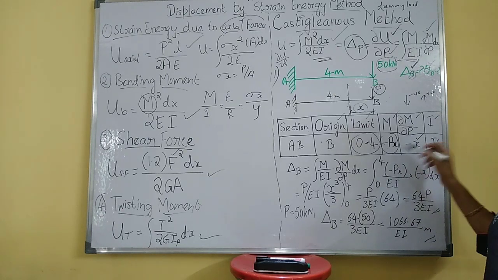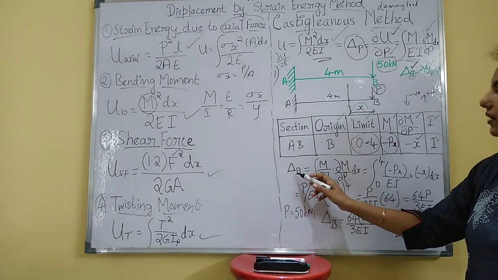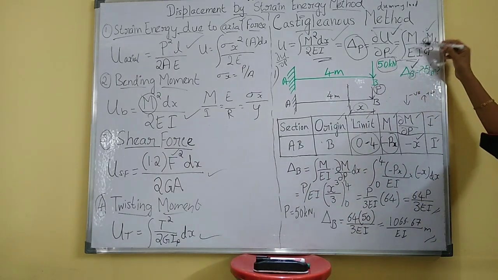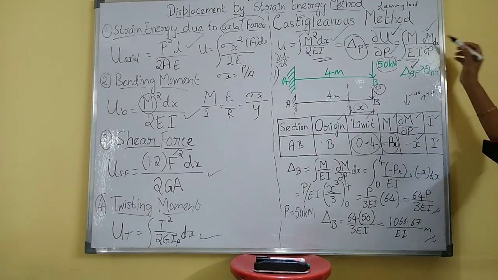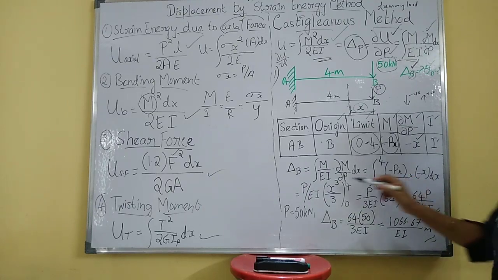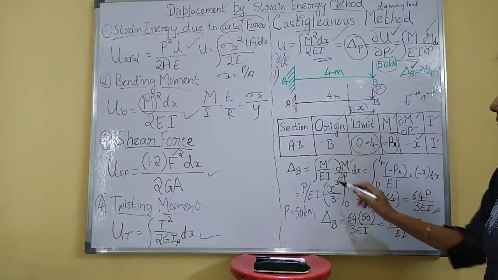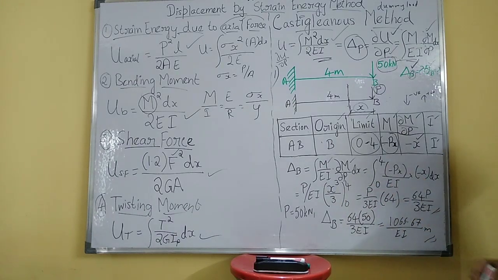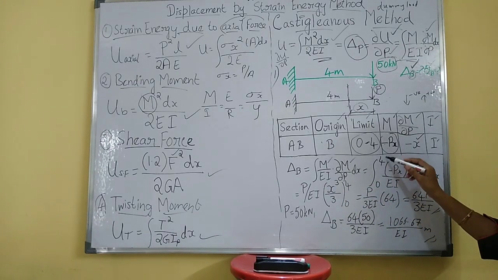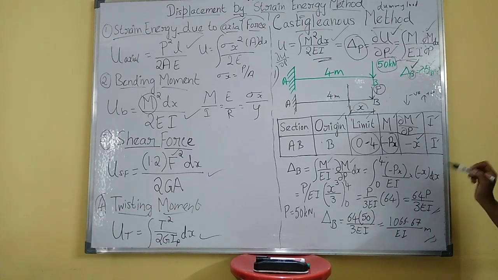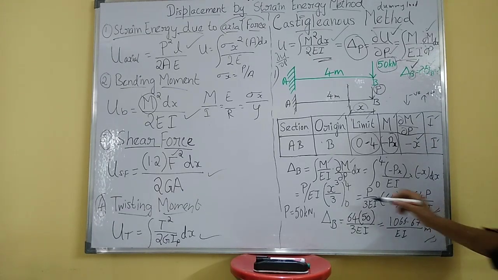Once you have found this for each member, you can directly write the equation. Delta B is nothing but the integration of M by EI dou M by dou P into dx. M is known, so just substitute everything: M, dou M by dou P, EI is constant, dx. The limit is 0 to 4, M is minus Px, dou M by dou P is minus x, divided by EI dx.